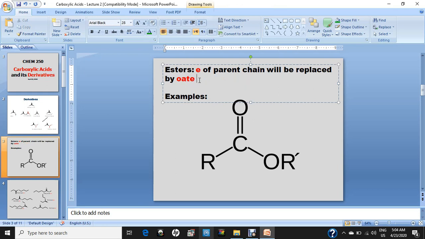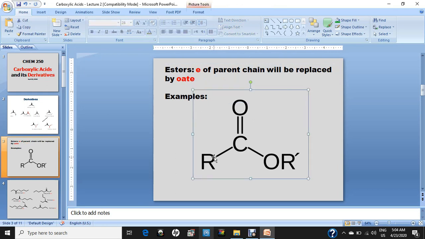replaced by OATE. Now the point is, here we have R C double bond O OR dash. Which chain, where will we start numbering from? If we go to this R, suppose we have oxygen here, the oxygen is not counted, because we have to count the number of carbon atoms. So we have to start from this carbon, the carbonyl group side.